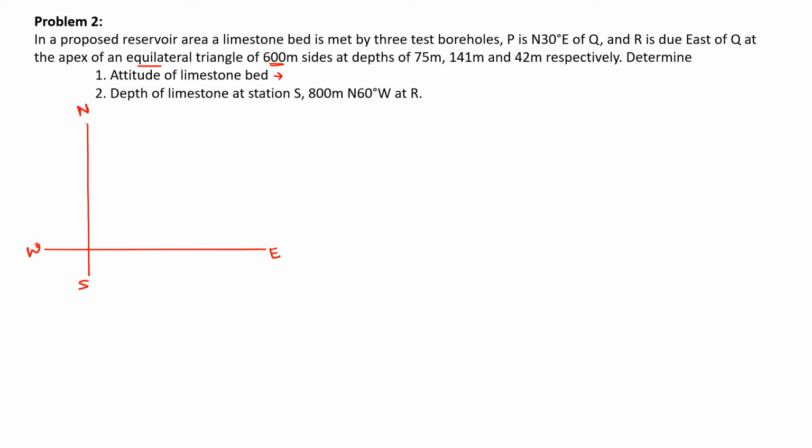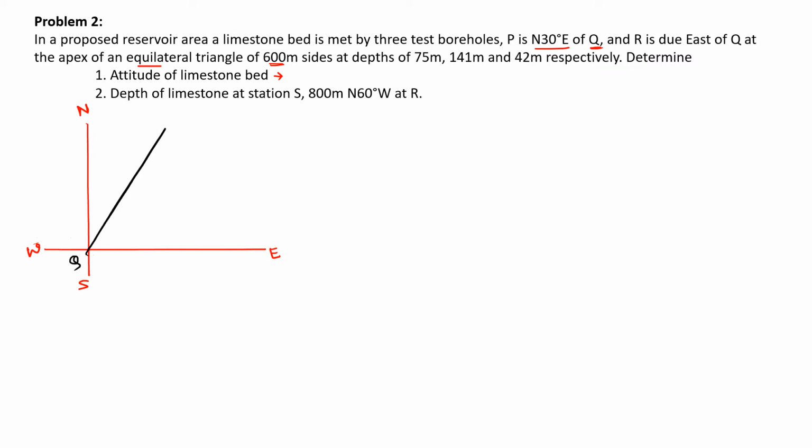Okay, so this is my one point. I'm not saying which point this is yet. So P is north 30 east of Q. So I'll consider this as my point Q, and from here I am drawing north 30 east.